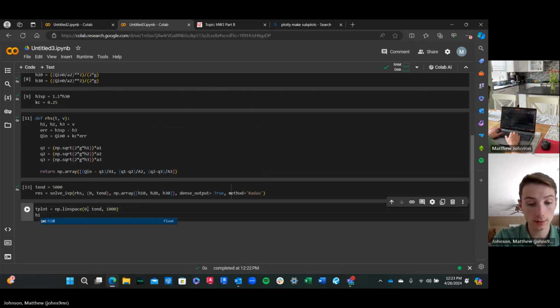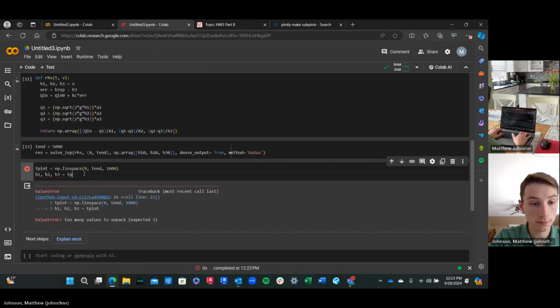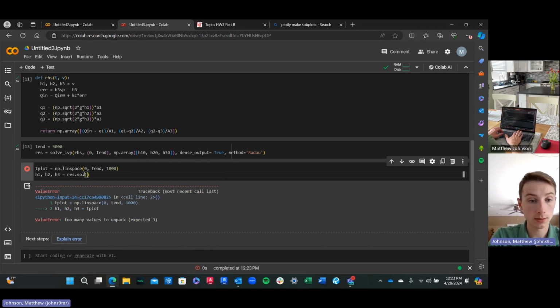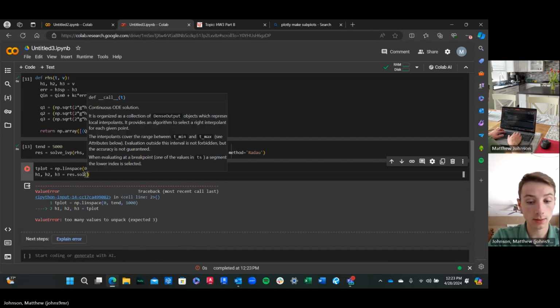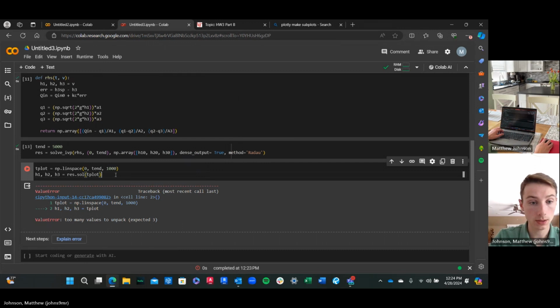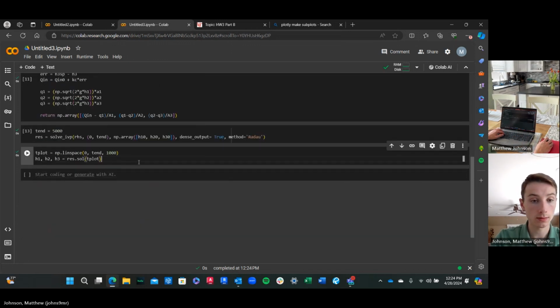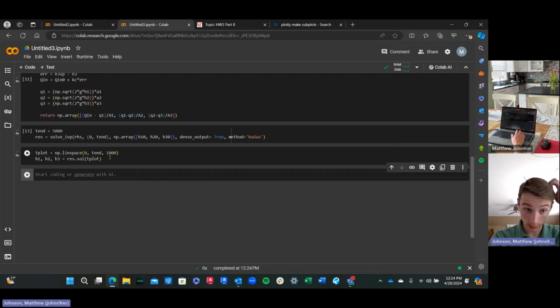And then we have our heights equal to our result solution evaluated at t-plot. Okay, so we have those in there. Now we can do our subplots.